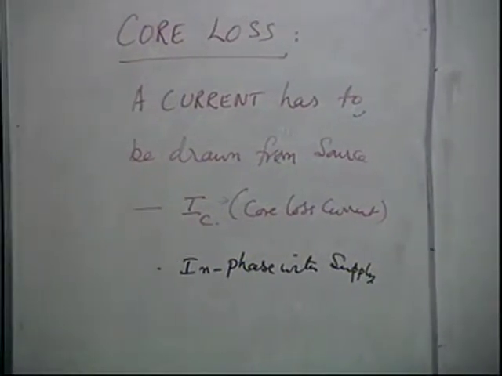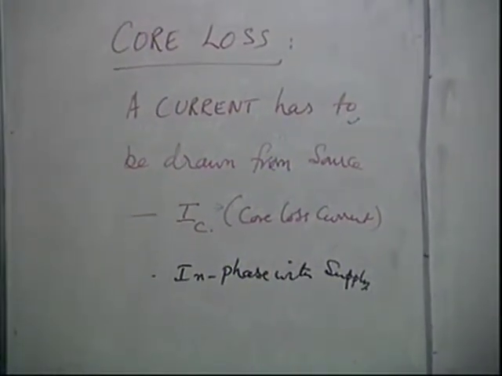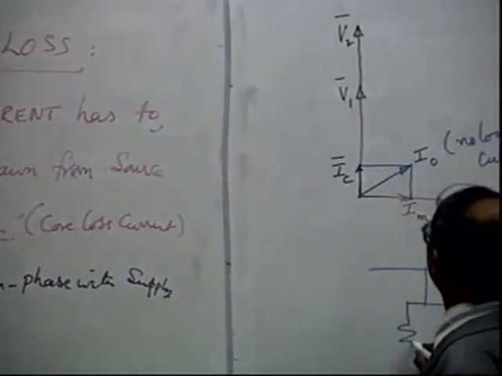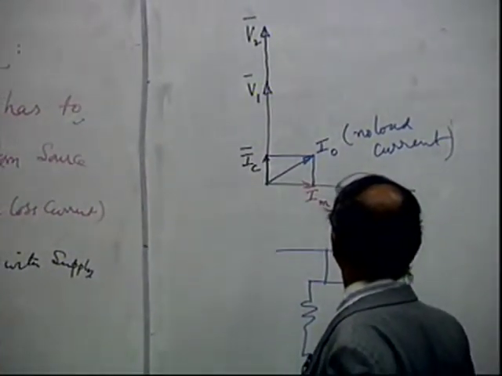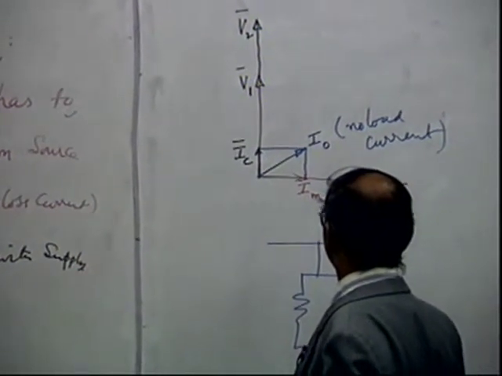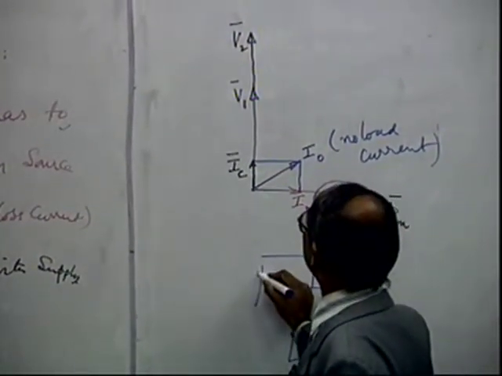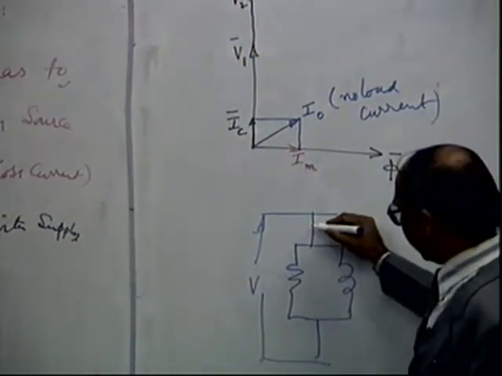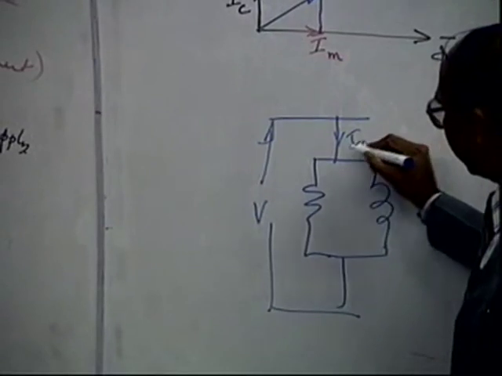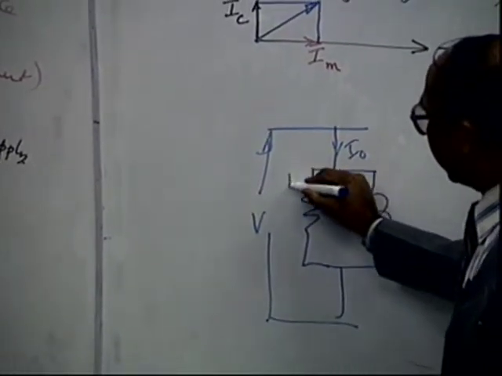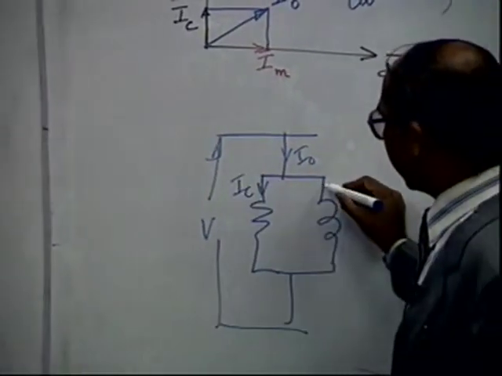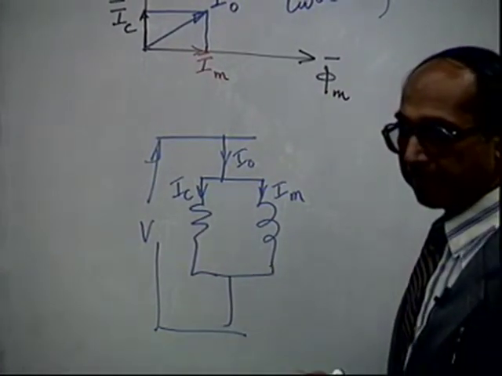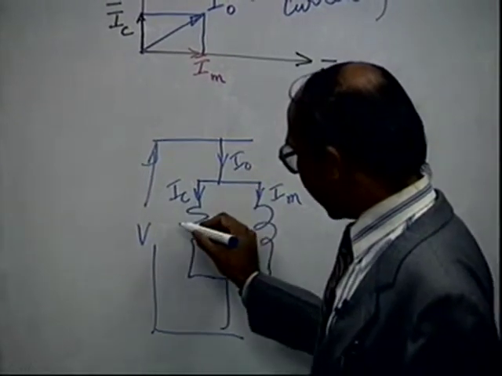So typically, if this is V1, we can say the current drawn is I naught with one component which is in phase, IC, and another component which is out of phase, IM.